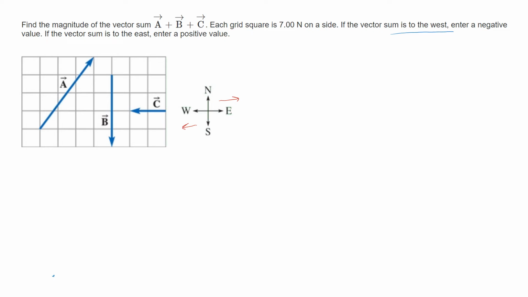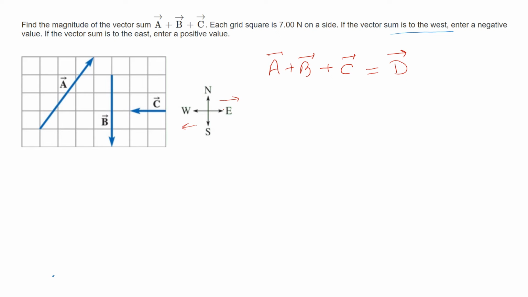So now let's again take the sum of these three vectors. Our three vectors are A vector plus B vector plus C vector. We have the sum of these three vectors as the D vector.